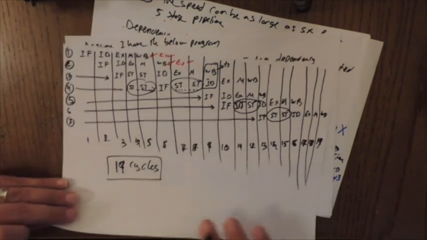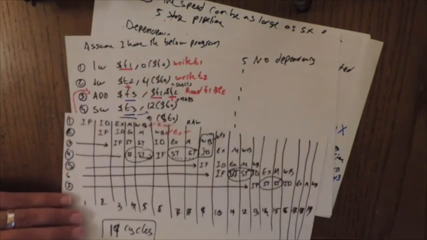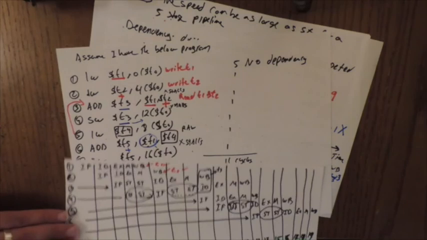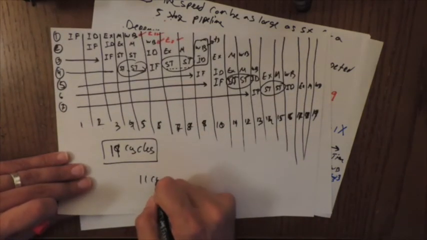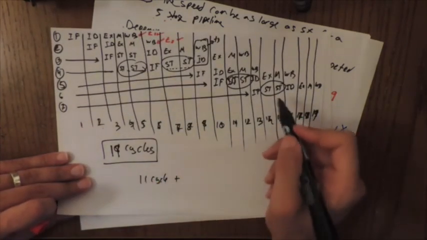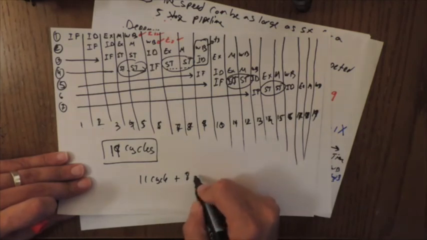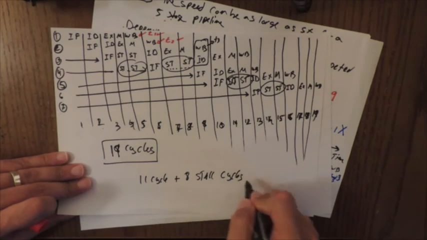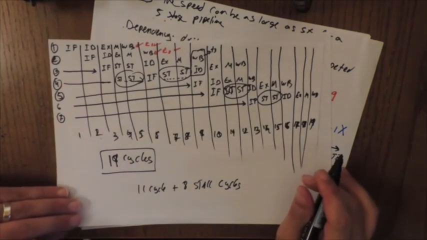I could directly detect that I made a mistake because it is 11 cycles plus 8 stall cycles. So we notice that this is a big amount.